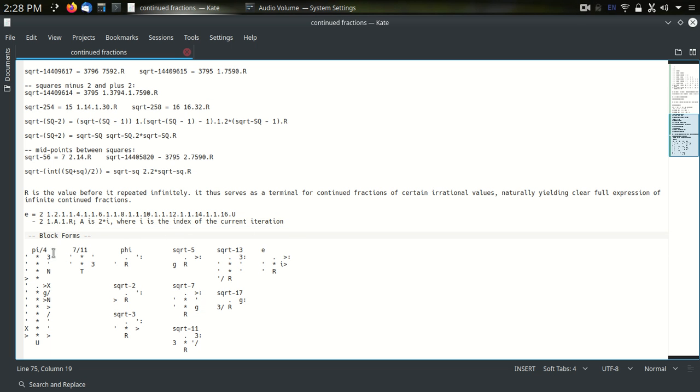So then I kind of fleshed out some block forms. So pi on 4 would look something like this here. 7/11 would look like this. So I was kind of playing around with notation.